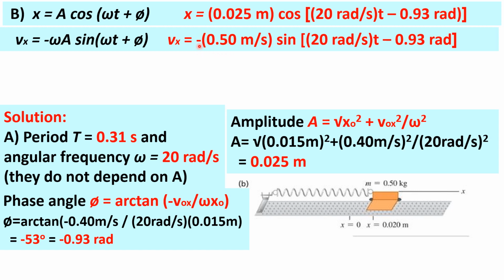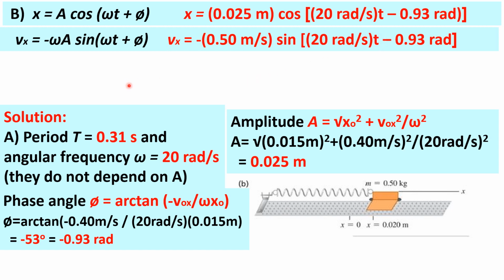There's a negative sign here, 0.50 meter per second, multiplied by sine of 20 rad per second times t, minus 0.93 rad. This is our phase angle. So that is our equation for determining the horizontal velocity vx at any given time t.